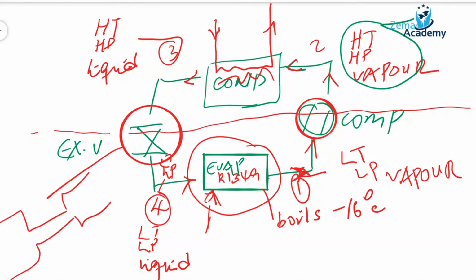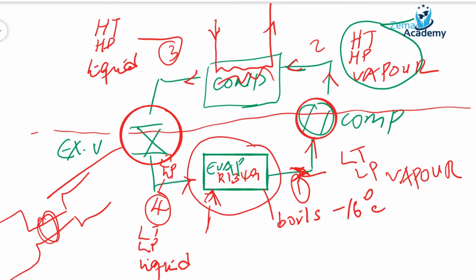There is a venturi inside the expansion valve, so by suddenly reducing the area of the pipe, you are able to expand the liquid and therefore reduce the temperature and the pressure. Bernoulli's principle says that if you reduce the area, you increase the velocity but you reduce the pressure. And if you reduce the pressure, you also reduce the temperature.